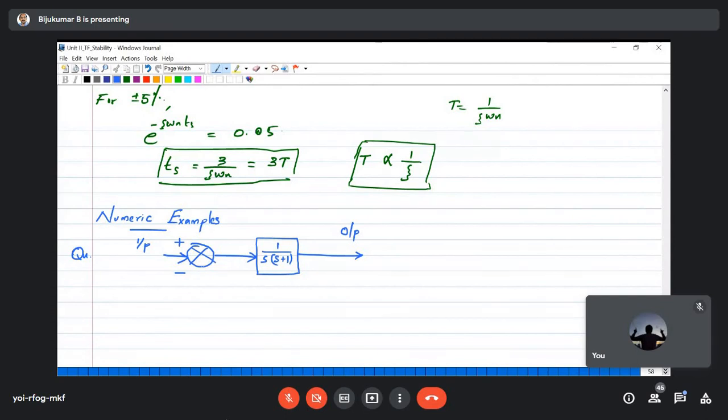And there is a feedback. Since nothing is mentioned, we can take this as 1, right? So it is a negative unity feedback system. The question is we have to find all the time domain specifications.